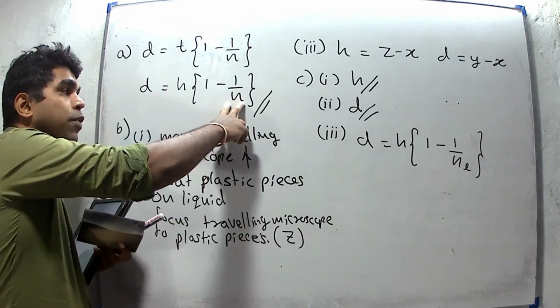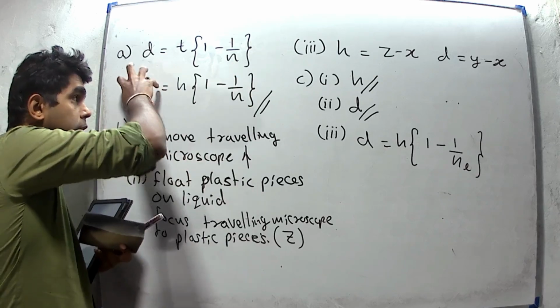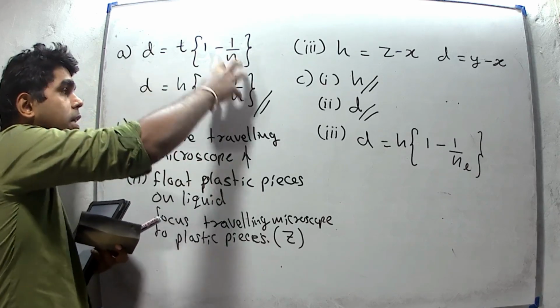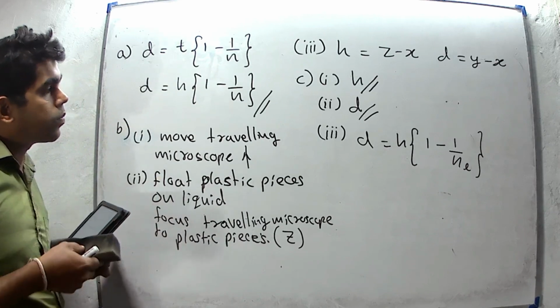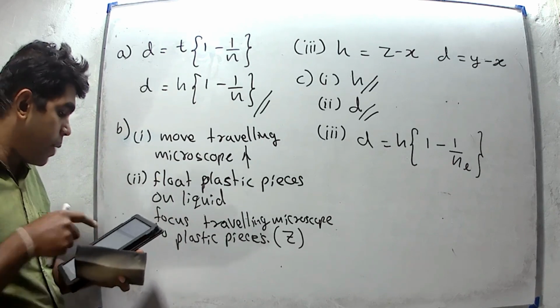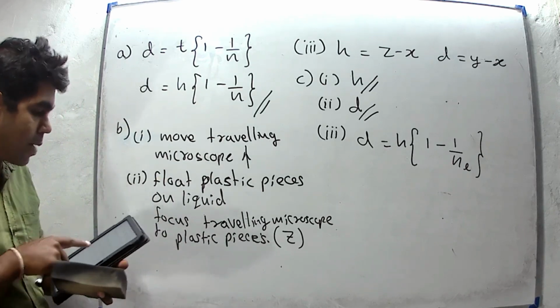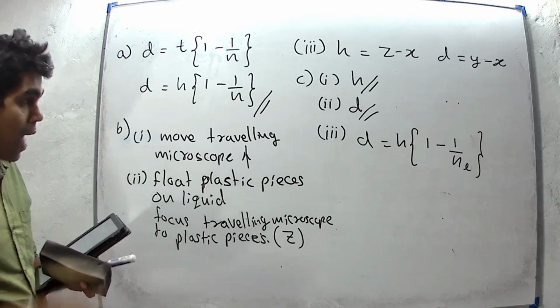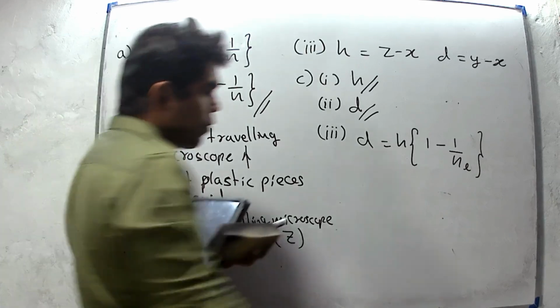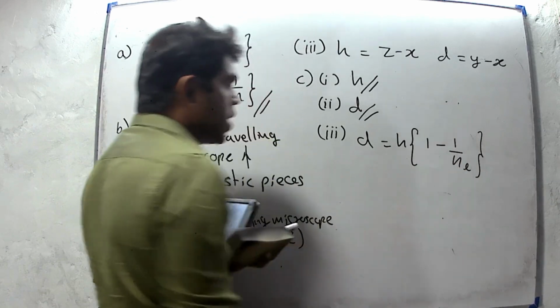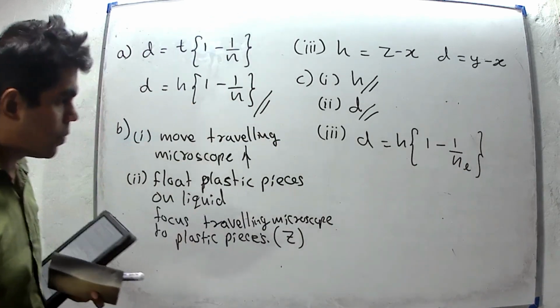In this part we have written the apparent displacement for the given plastic block. But we have to use liquid. Therefore, NL value is the refractive index of liquid.